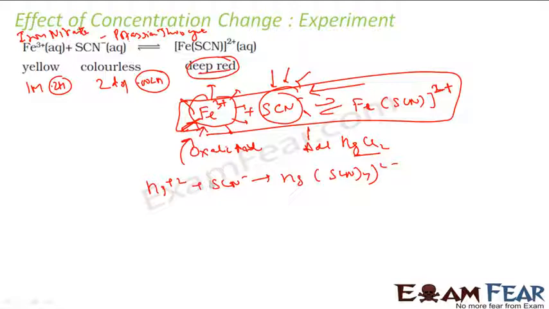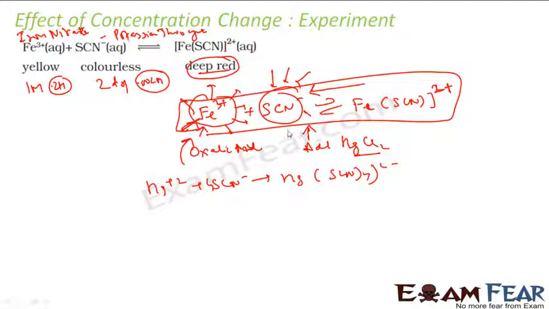We have to give 4 here. So this is the reaction we have. The moment you add HgCl2, it will react with potassium thiocyanate and decrease the concentration of SCN-, and then again the reaction will move in this direction, and you see the red color will go down.